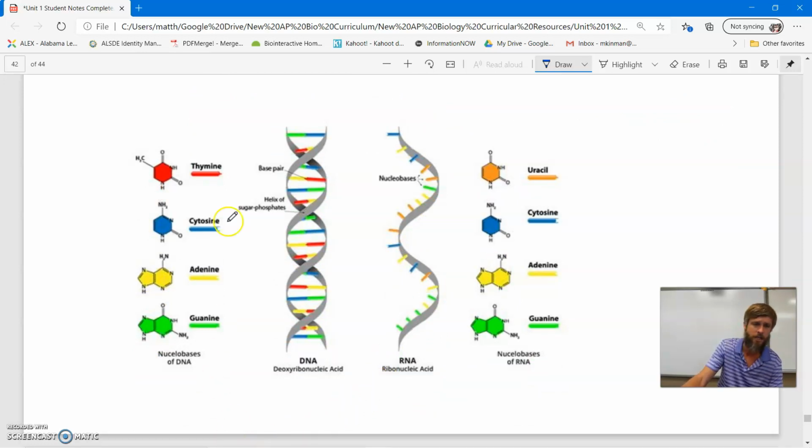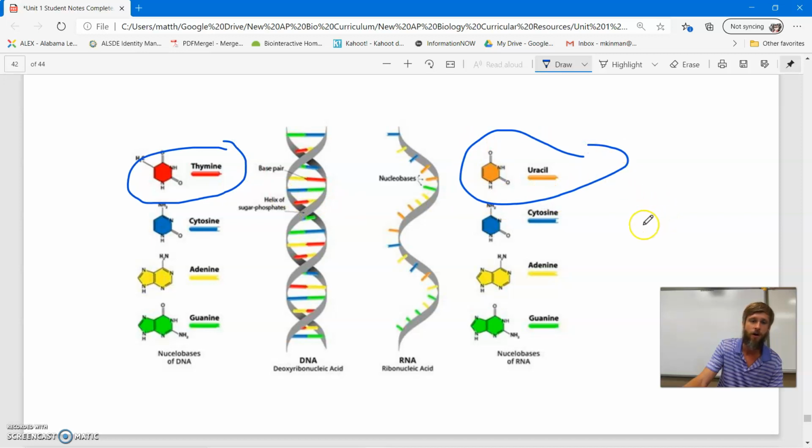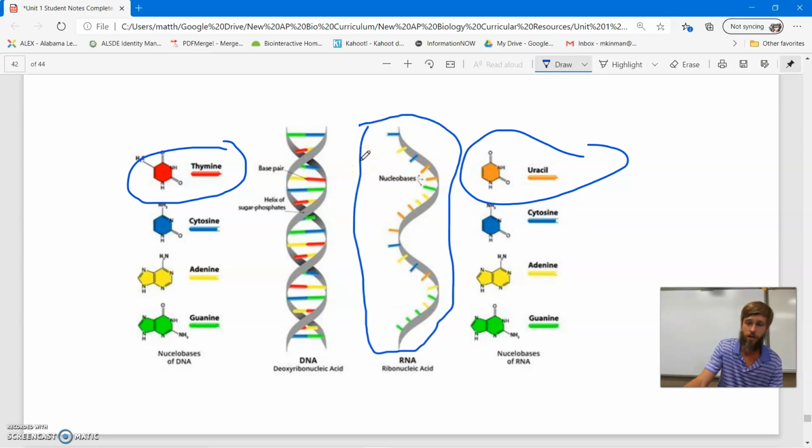All right, and here's your DNA molecule compared to your RNA molecule. One big difference you should notice is that you have thymine for DNA and uracil for RNA. That's one main difference, and another is that RNA is not a double helix. It's a single strand, because RNA is made to be temporary inside of our cells. Not the case with viruses. You have plenty of viruses whose main source of information is RNA.